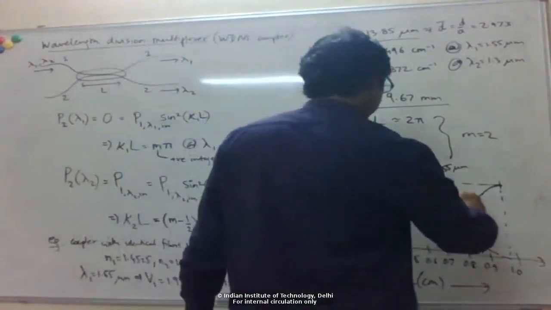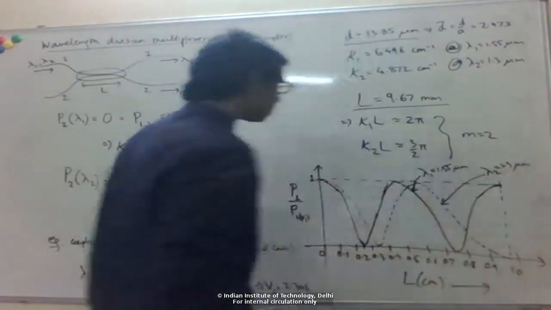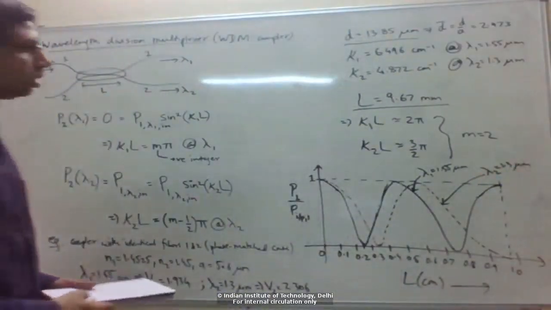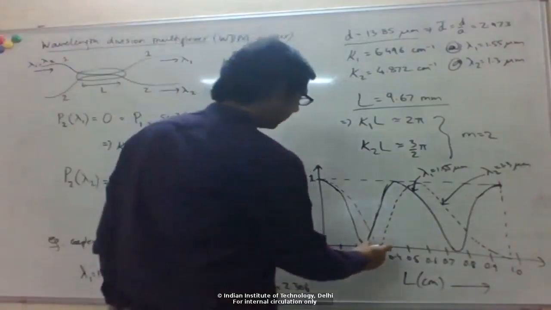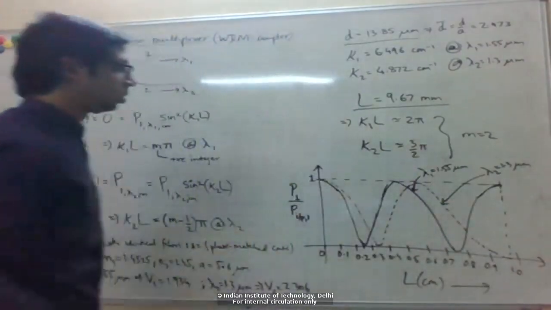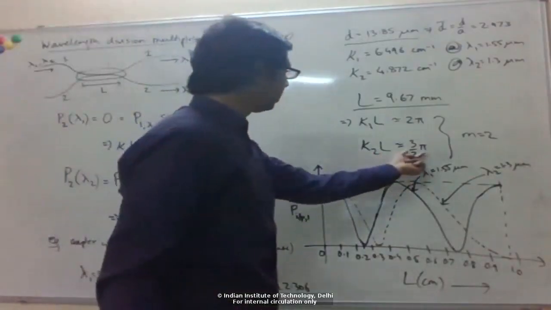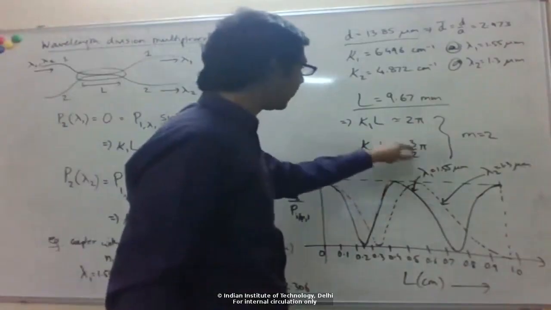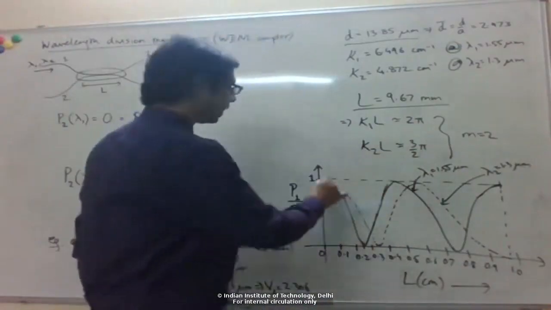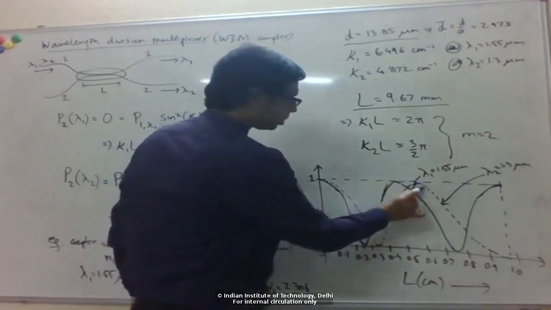Okay, so this dotted line is for 1.3 micron. It has a longer oscillation period because it has a smaller coupling coefficient, right? And so basically kappa 2L is 3 halves of pi, so 3 times pi by 2. So you'll get 3 power transfers, right? So 1, 2, and then 3.